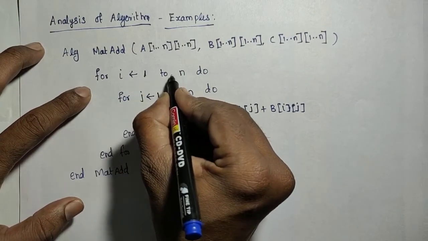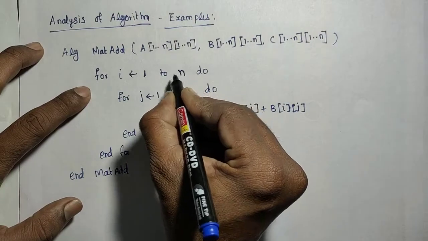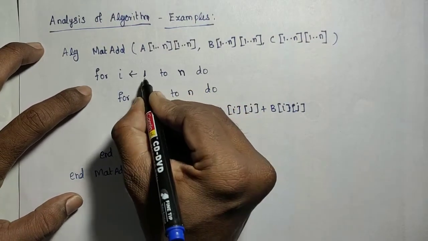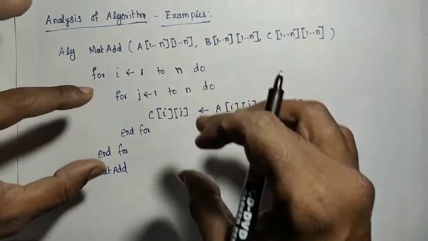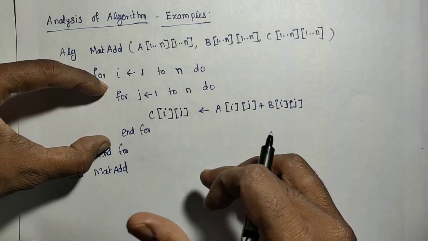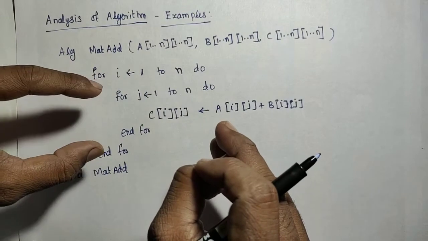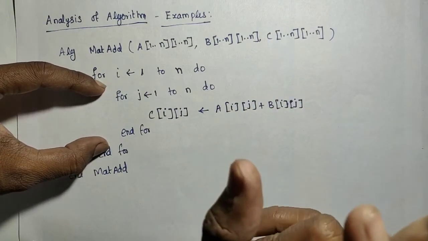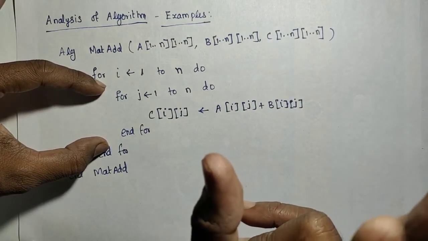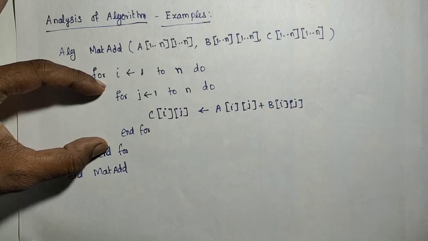I always told you, 1 to n means upper minus lower plus 1 is the number of iterations. That is the true part. Plus 1 is for the false part, which we can ignore.